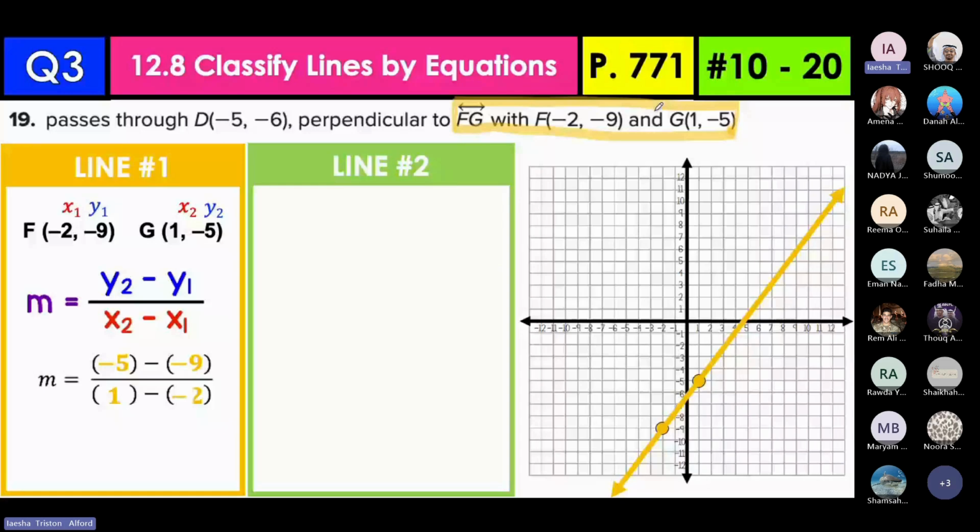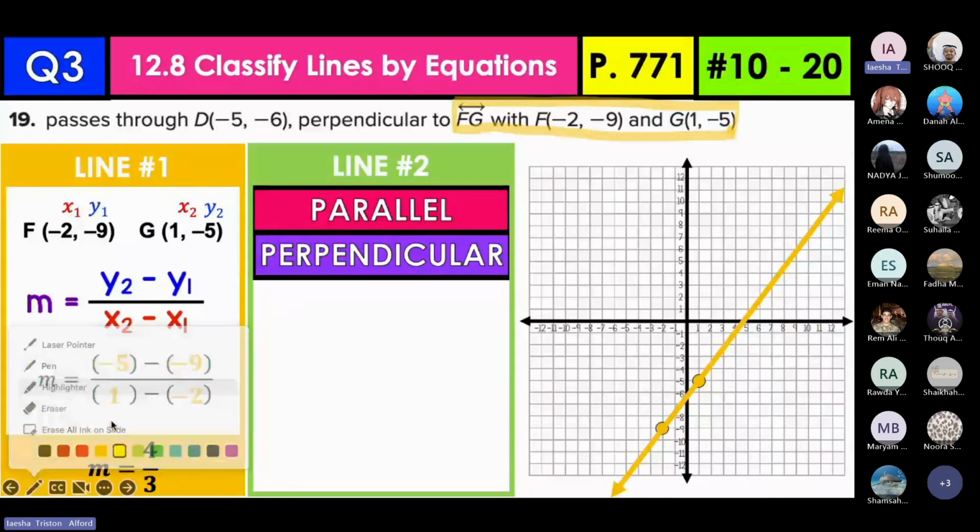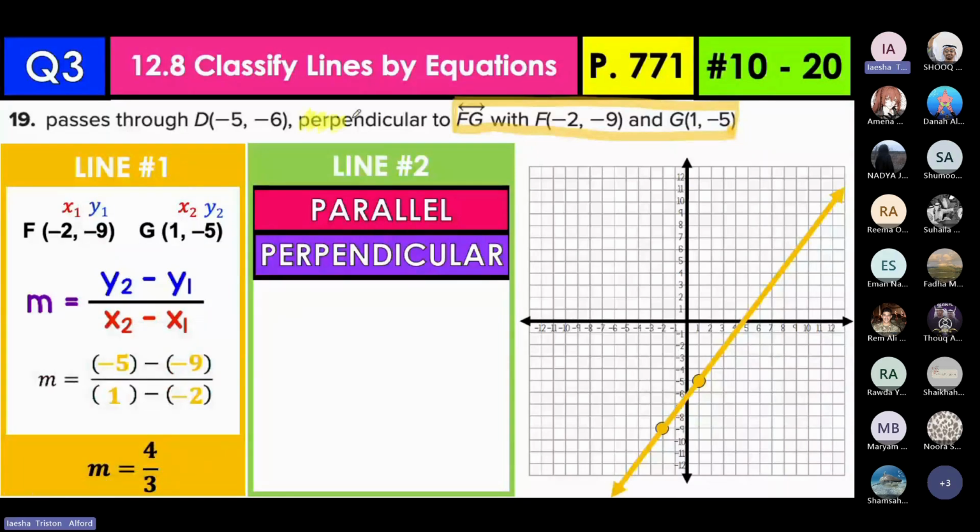Then you have to decide, is it parallel or perpendicular? It will tell you in the writing. It should be perpendicular.